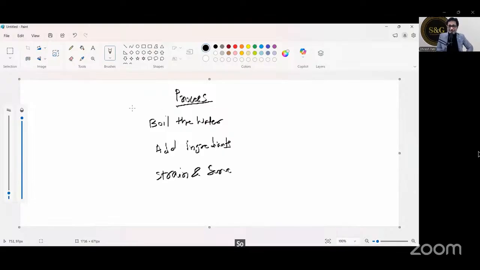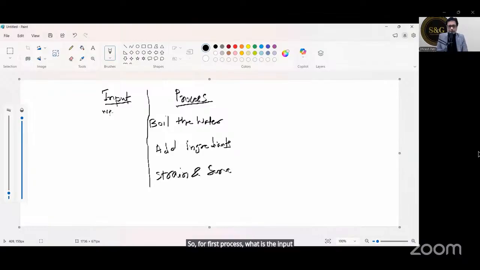So in this process, there is an input. What is the input of boiling the water? First is water, so let me just draw a line here. For the first process, what is the input?